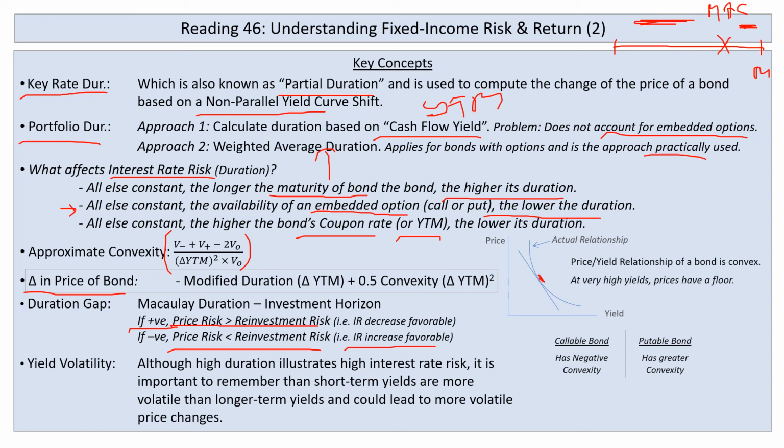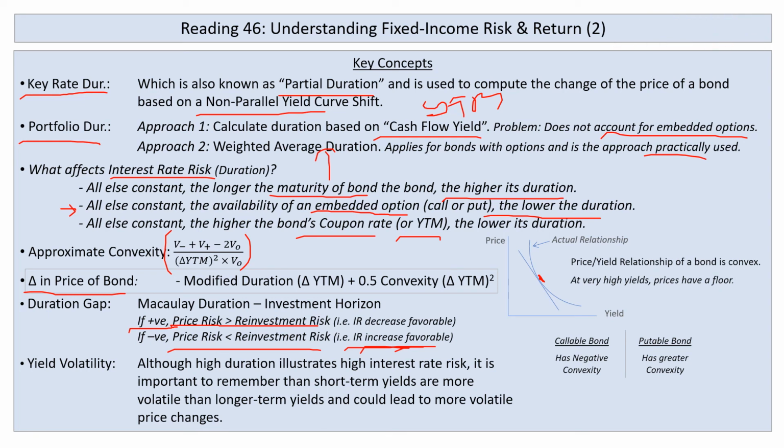Although the price of the bond would decrease, all the reinvestment income generated on all the coupons you receive over here would be reinvested at a higher interest rate. So this would mean that you are better off with an interest rate increase if you hold your bond at the point after the Macaulay duration and before maturity, i.e. if you have a negative duration gap.